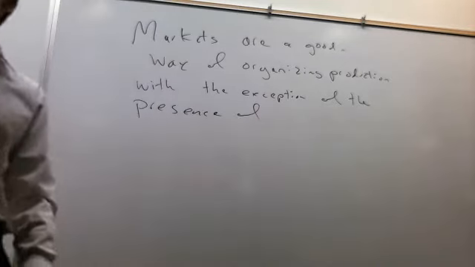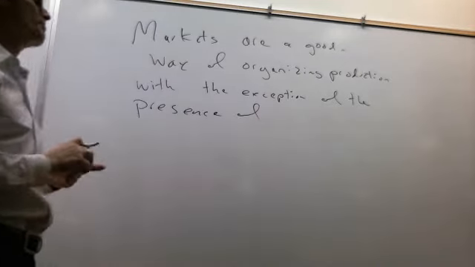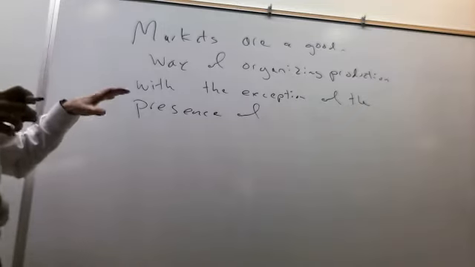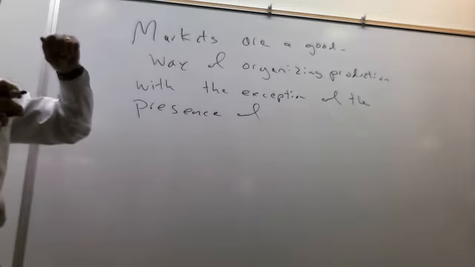What sorts of things will mess up markets being the best way of putting together the production of a particular good? Last class we talked about what as an example?